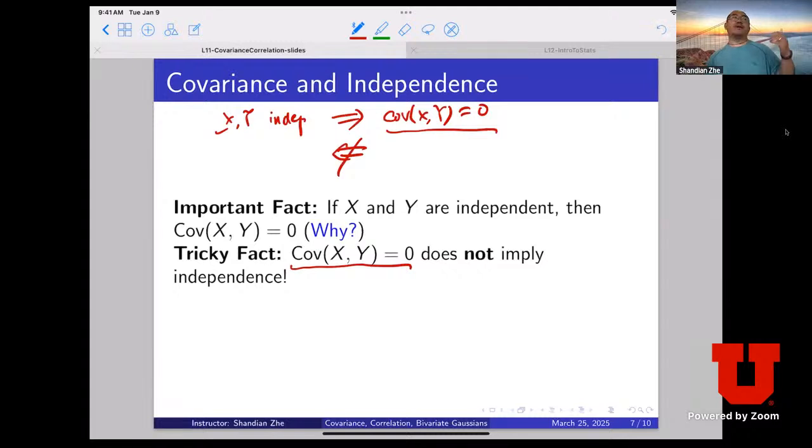That's why even if you get zero covariance, you just exclude linear dependency. You cannot exclude the nonlinear dependency. That's why you could not say x and y are independent of each other. Independence means that x and y are not dependent on each other in any way.